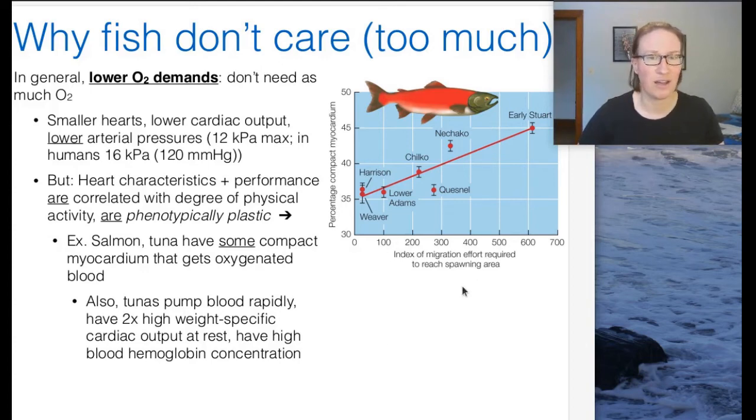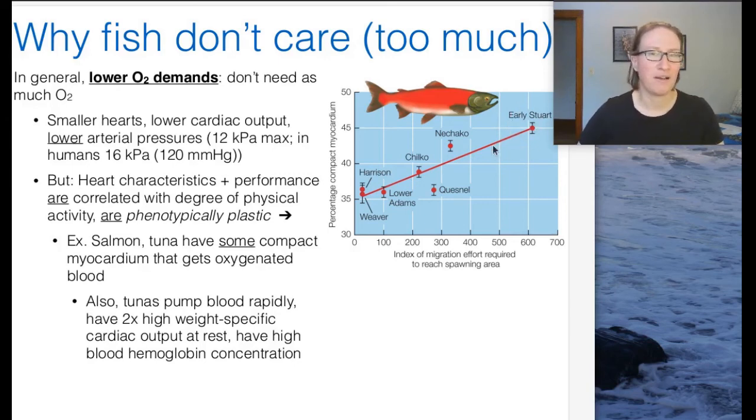So our x-axis in this graph is an index of a fish's migration effort that's needed to reach the spawning area for that body of water. And this is for salmon. And then the y-axis is the percent of the salmon's heart that consists of compact myocardium. So what I hope you can see here is that fish that have a relatively easy time migrating, on the Weaver or Harrison rivers on the left-hand side, have a lower percentage of compact myocardium relative to fish that have more hardcore migratory efforts, such as on the early Stewart River.